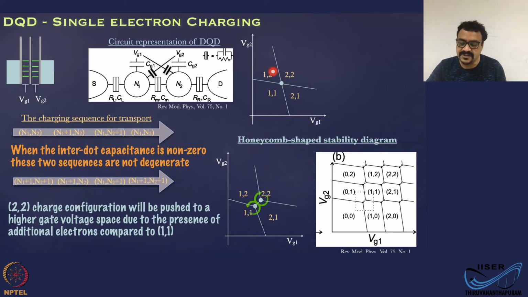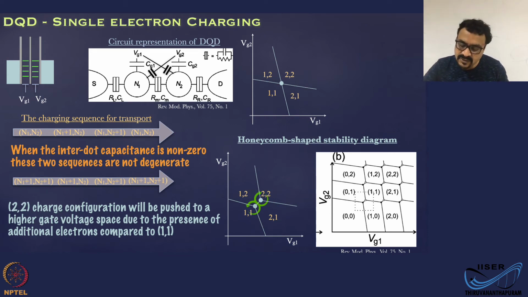That is this situation. Now you also have Cm, that is the interdot capacitance, also non-zero. So the effect of that would be that N1, N2 and N1 plus N2 plus 1 cannot now lie at the same gate voltage.